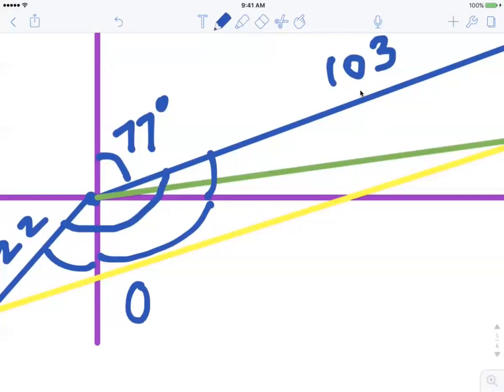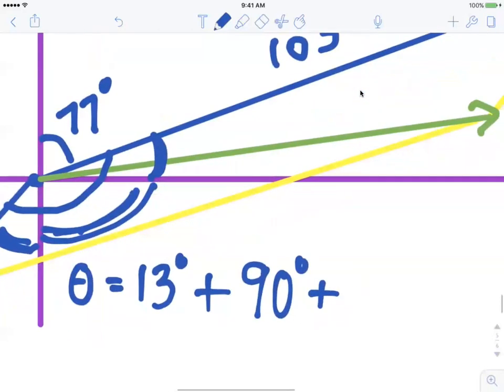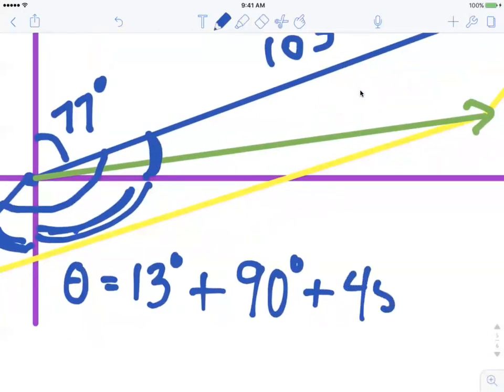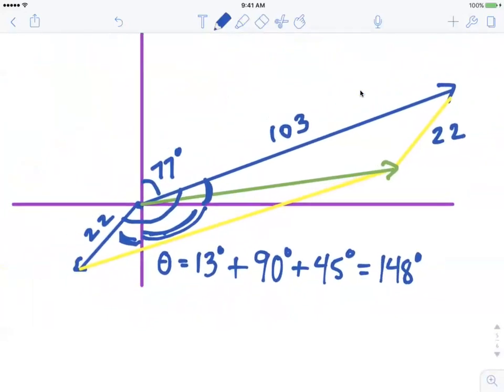The first one here is 90 minus 77, which is 13 degrees. This one here is 90. And over here, you have a 45-degree angle. Added together, that is 148 degrees. That's one way to think of it.